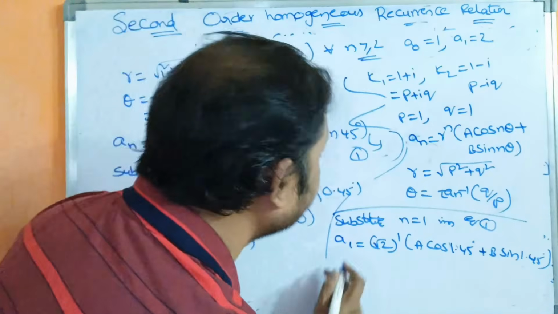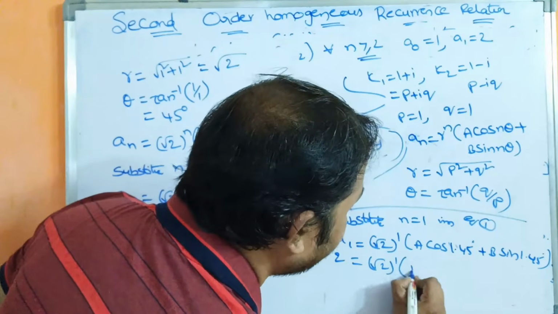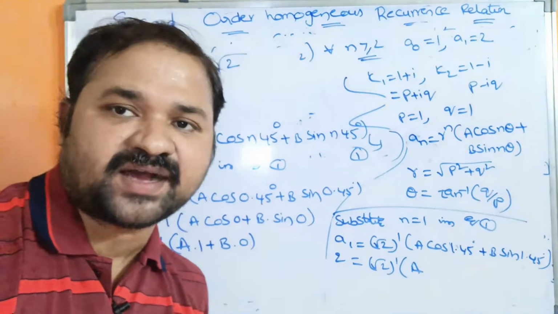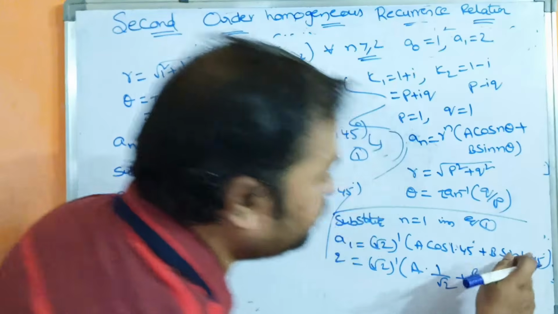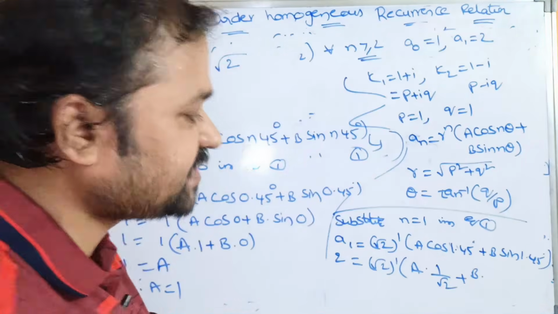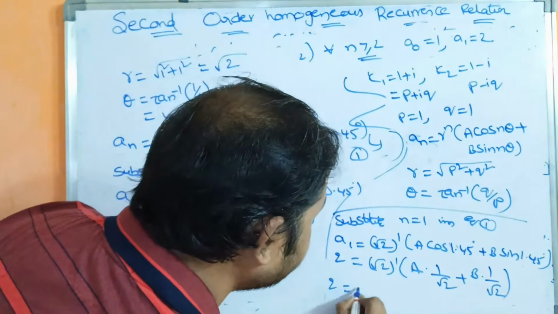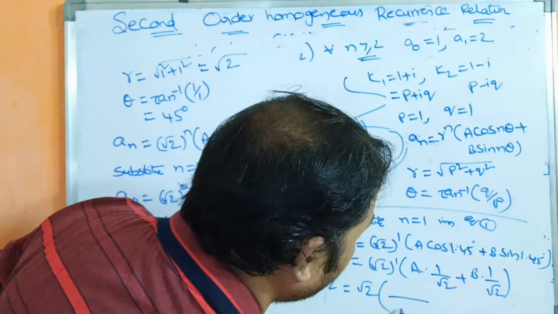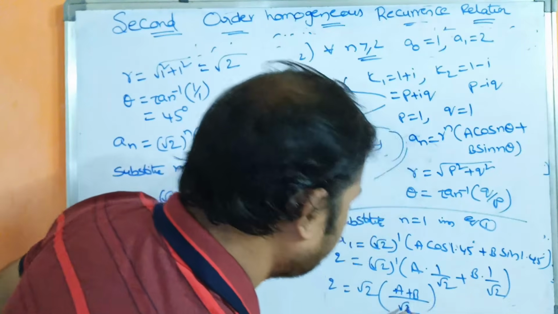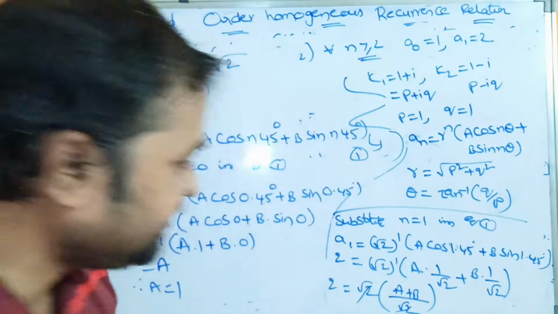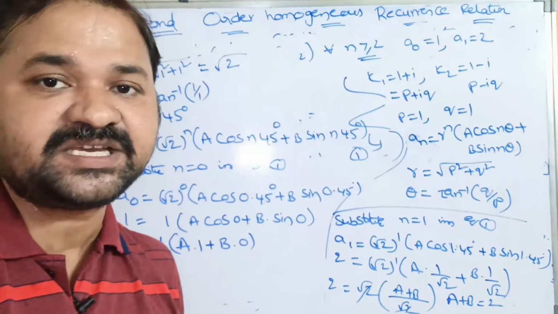The a_1 value is 2. So 2 is equal to root 2 into A cos 45, where the value of cos 45 is 1 by root 2, plus B sin 45, where the value of sin 45 is 1 by root 2. So we can write 2 is equal to root 2 into (A plus B) by root 2. We can cancel root 2, so the equation is A plus B is equal to 2.